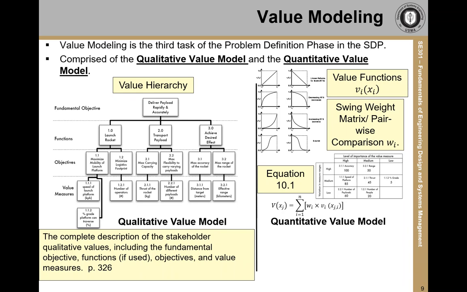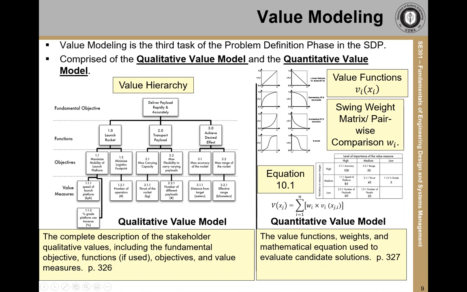So in our example here, we have 7 value measures. We would have 7 terms, and each term would include a weight and a value score, right? So we multiply the weight times the value score for a given alternative, and we do that for all 7 value measures. We sum it up, and that is our total value score for a given alternative.